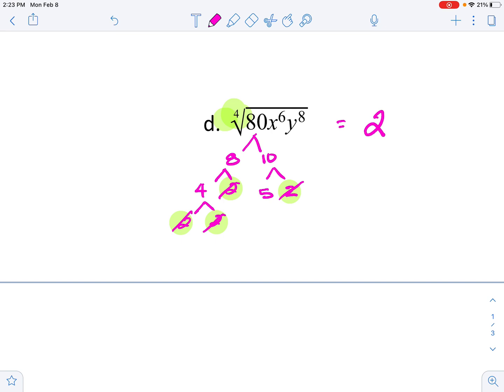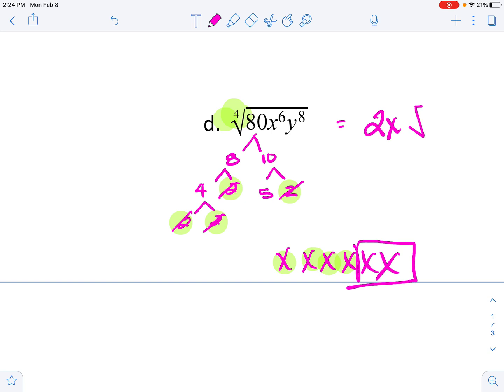If I've got 6 x's, and I take out 4 of them to bring 1 x out, what do I have remaining inside? Well, it's just going to be an x squared.